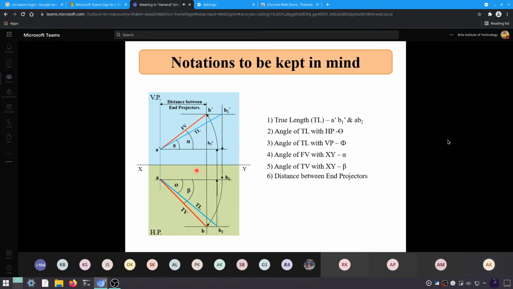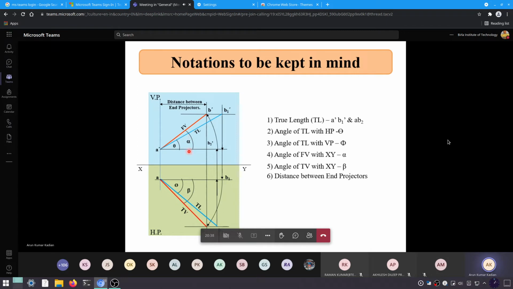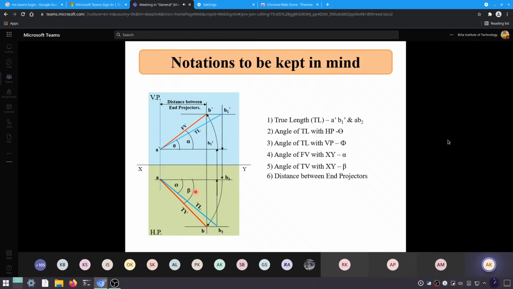While alpha and beta are the apparent angles, or you can say the angles that the front view and top view make with the XY line, right?